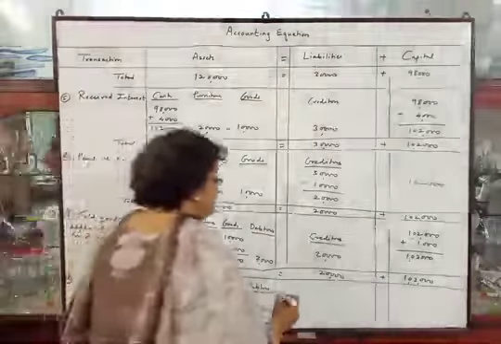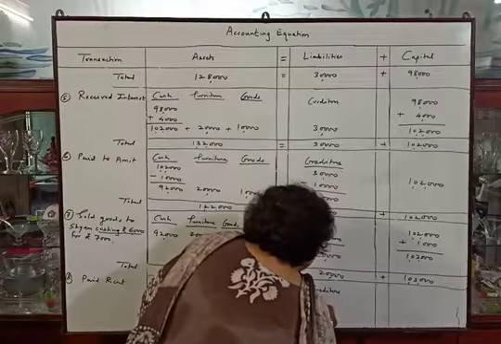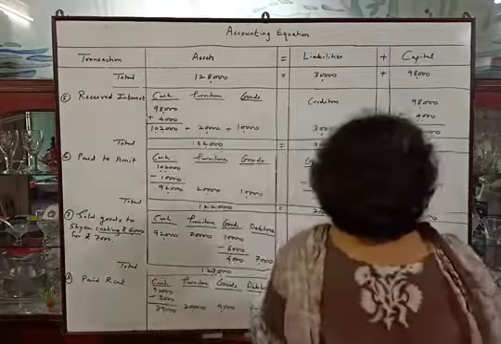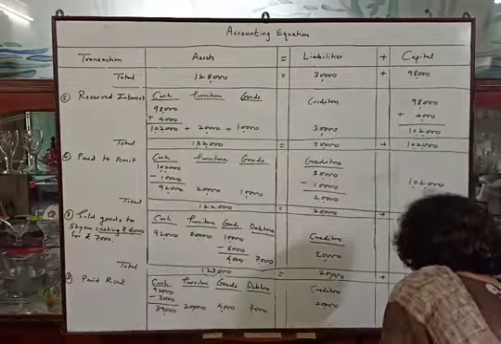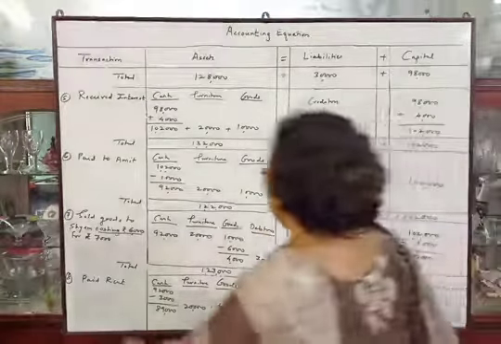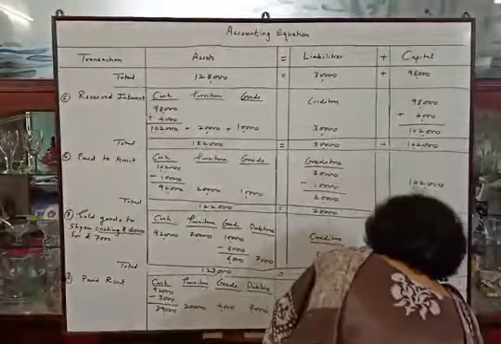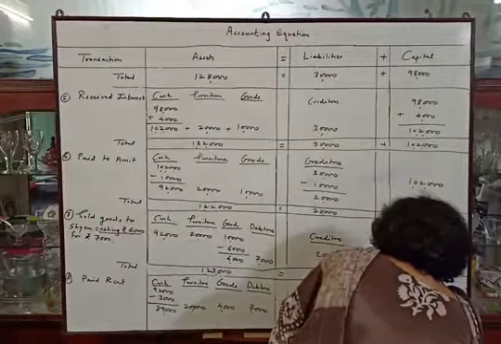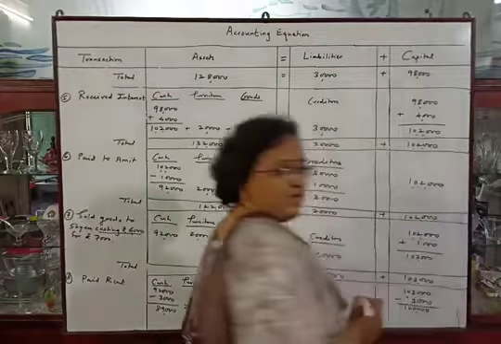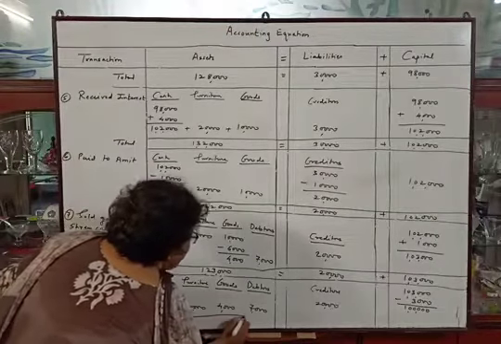Okay. Creditors will remain as it is. Creditors 20,000. And capital was rupees 1,03,000. And as this rent is our expense, we have to deduct expenses from capital. So minus 3,000, it will be 1 lakh. Okay. And let's tally and get the final equation.